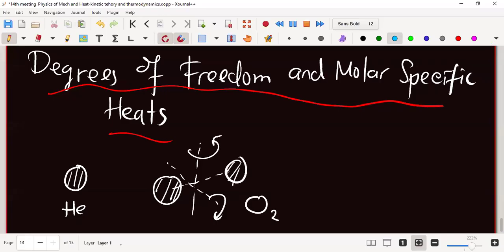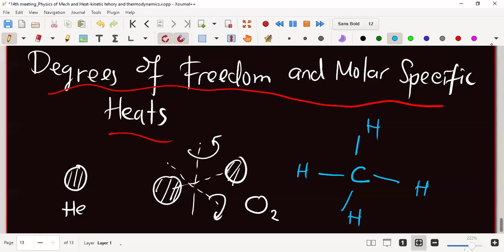Or another molecule like methane. Methane is carbon and then hydrogen. It's more complicated. More atoms make a more complicated system.